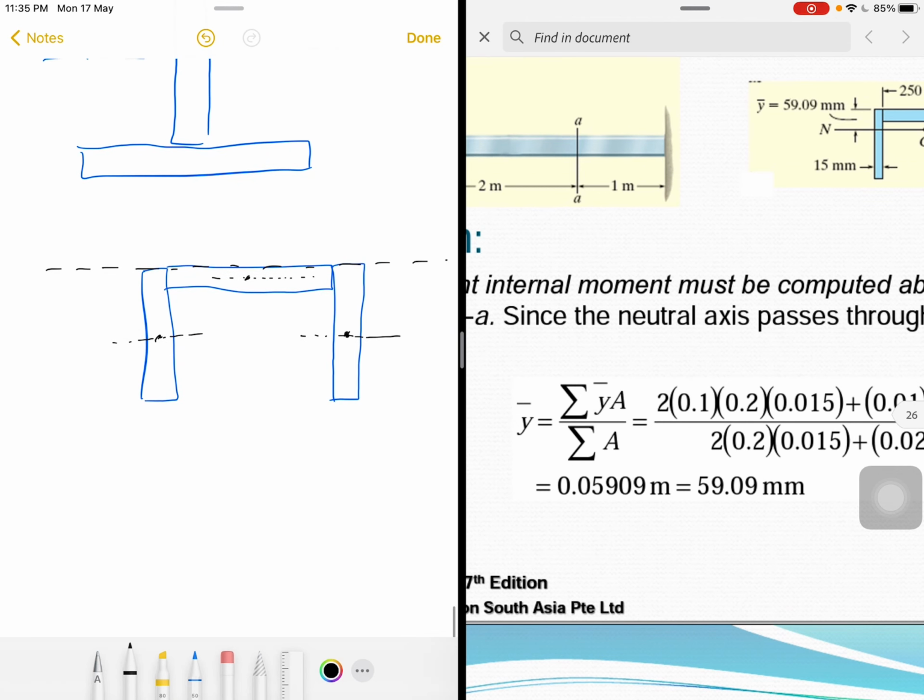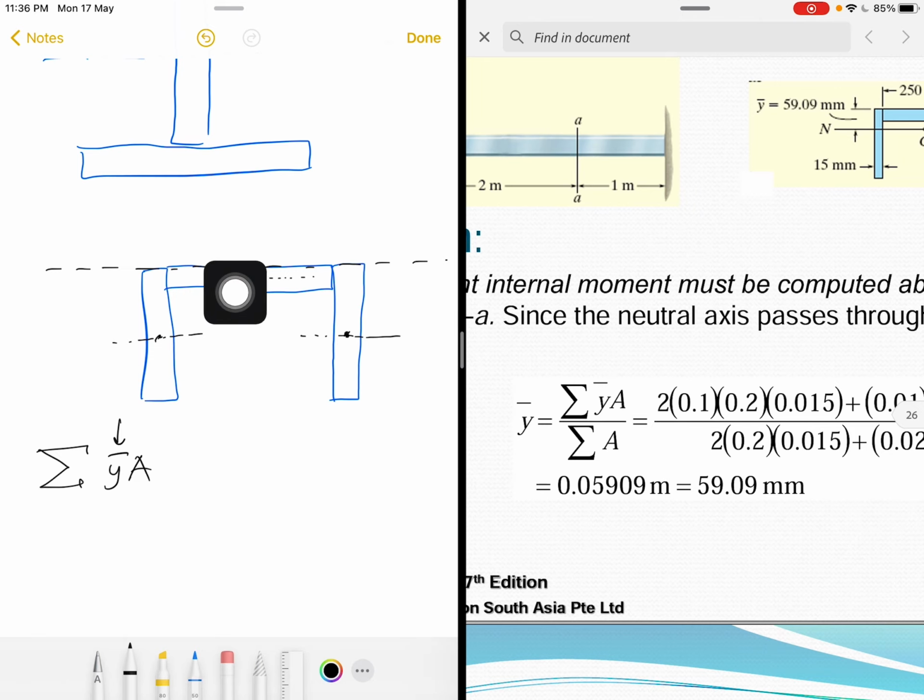So now we use this formula, y prime times area. This is y prime for each shape. Let's say this is rectangle A, rectangle B, rectangle C. This is y prime A, this is y prime C, and y prime B is a little different, which is right here, measured from this reference line.